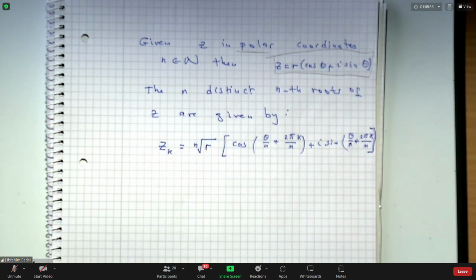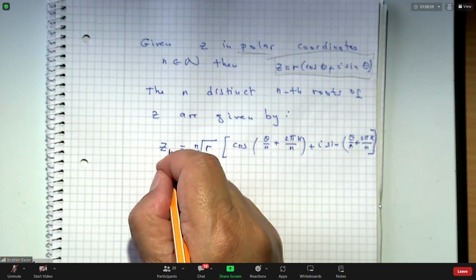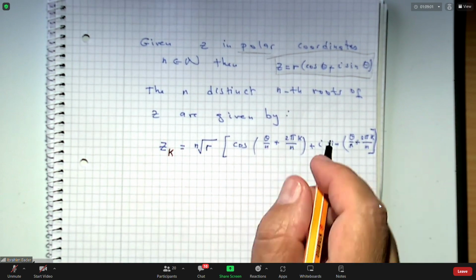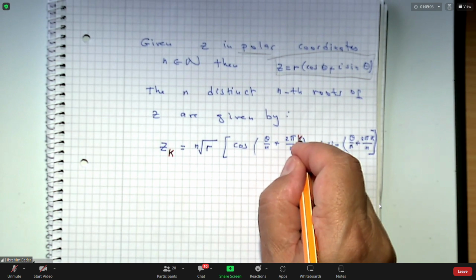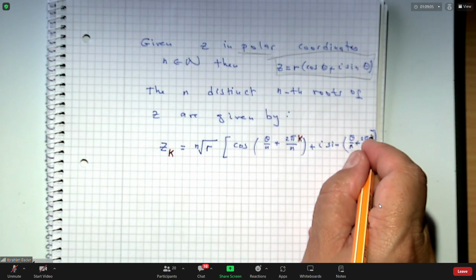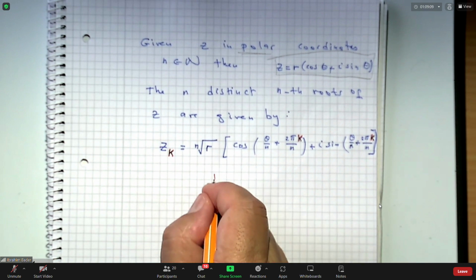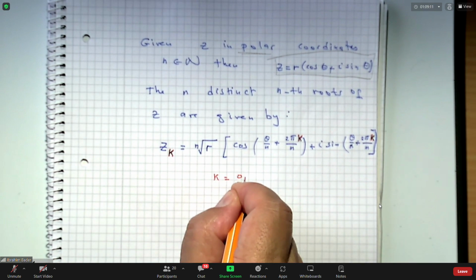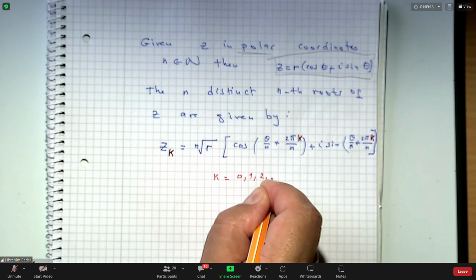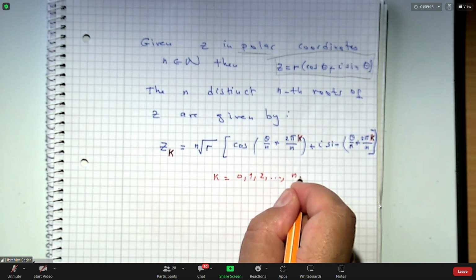Okay, so here I have, if you like, a counter running. This is k, and this is important. This k runs from 0 up to n minus 1.